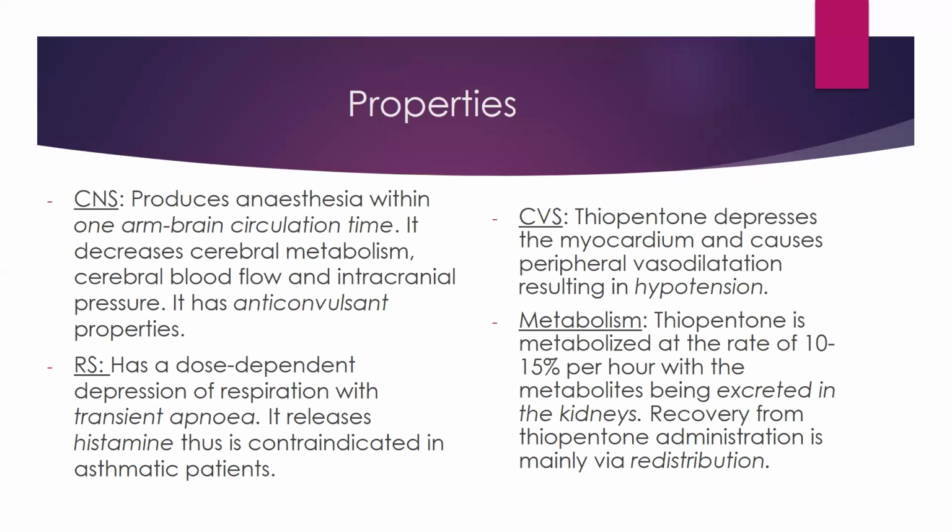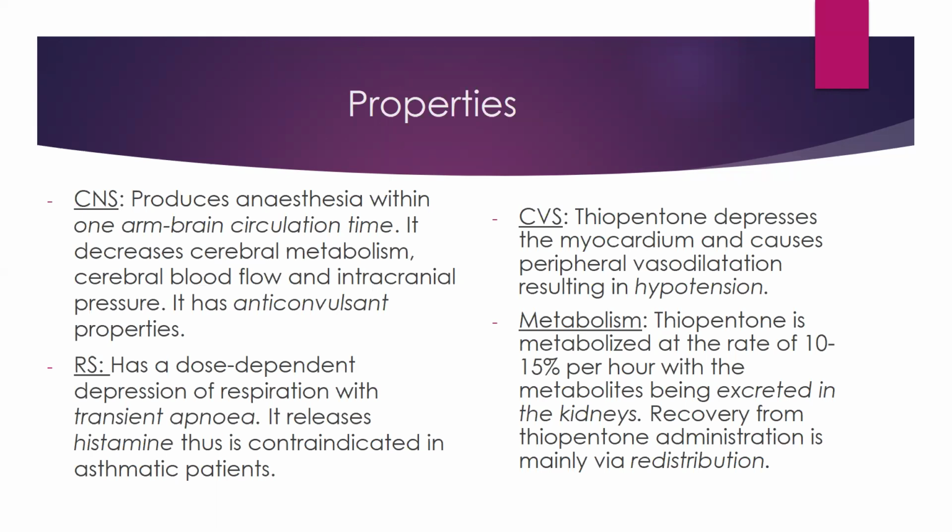On the respiratory system, thiopentone has a dose-dependent depression of respiration with transient apnea. Those of you that have used thiopentone will know that after you give your induction dose, the patient becomes apneic transiently. More importantly, it causes histamine release, and that is why it is contraindicated in asthmatic patients or patients with obstructive airway diseases.